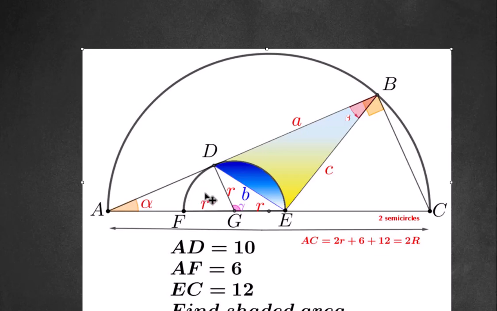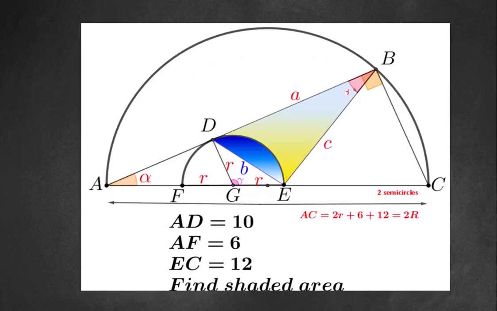So we are going to successively calculate A, calculate C, calculate the angle at B, which we called beta, and then the angle at G, which we called gamma. Once we have these, we calculate the area of the triangle DBE, and then we calculate the blue gradient sector, and we make the subtraction.